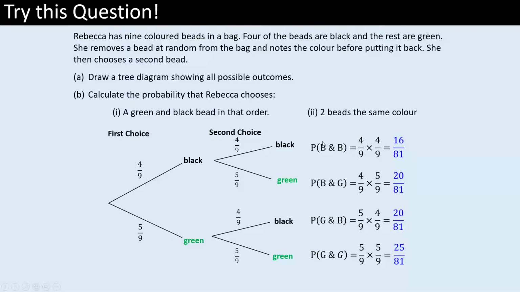Okay. If I was looking at two beads the same color, I could have black and black, 4/9 times 4/9, green and green, 5/9 times 5/9, and because I could have black and black or green and green, I could add those two bits together.